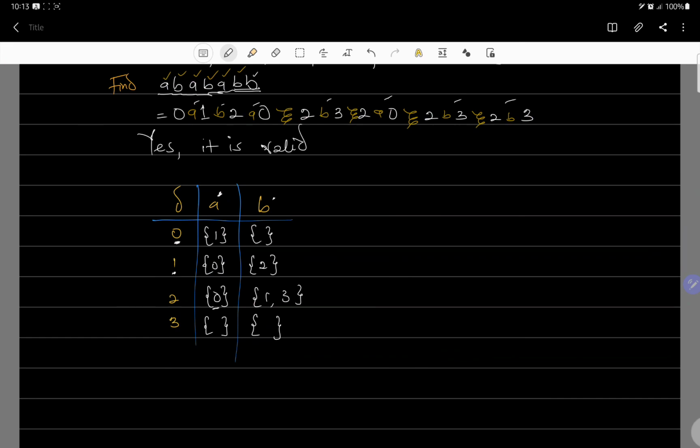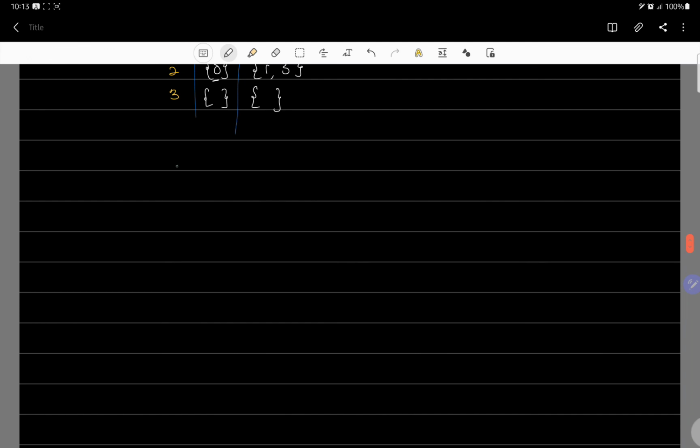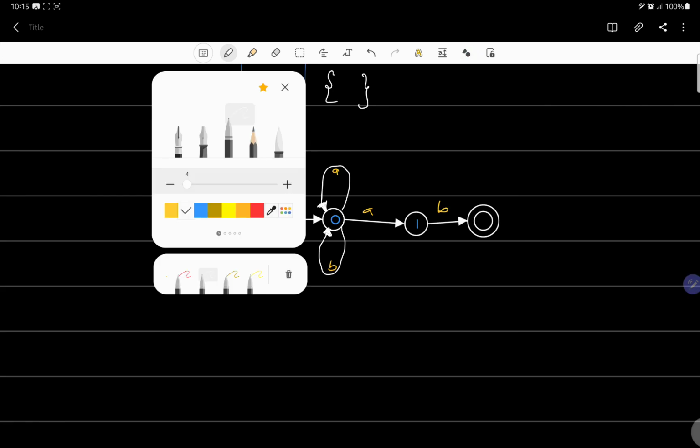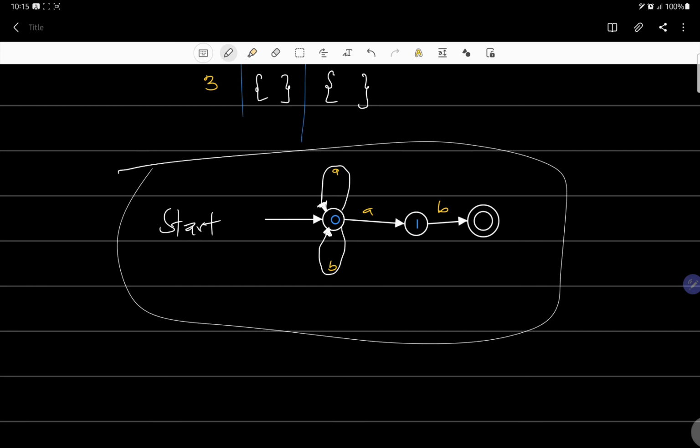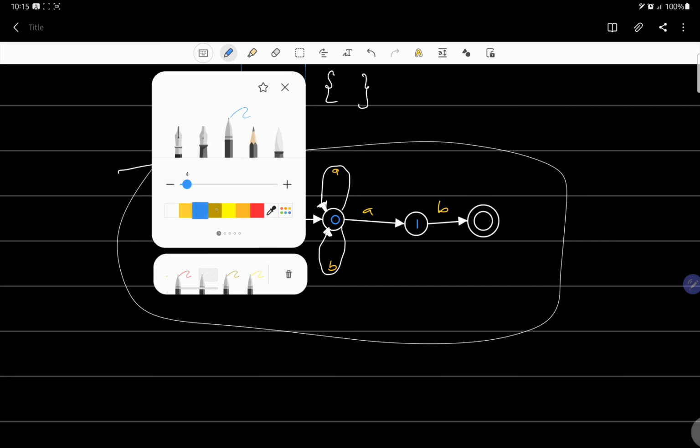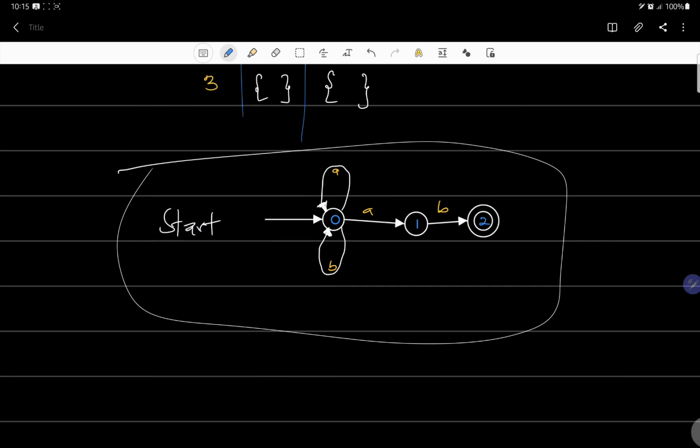It just gave us more examples to explain. He also mentioned a diagram starting from here, going through to there, and ending at 2.